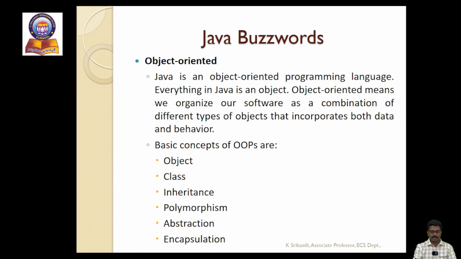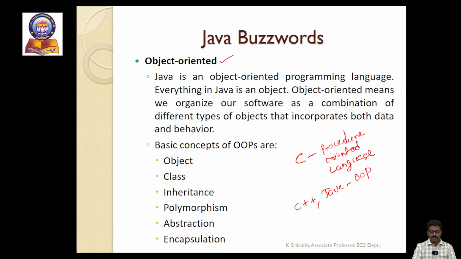Then the second feature, it is object oriented. We all know that C or C++ languages are procedure oriented or function oriented languages. So C is a function oriented or procedure oriented language, whereas C++ and Java support object oriented programming features.